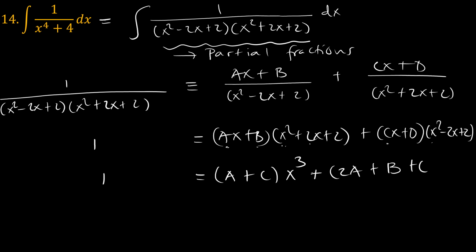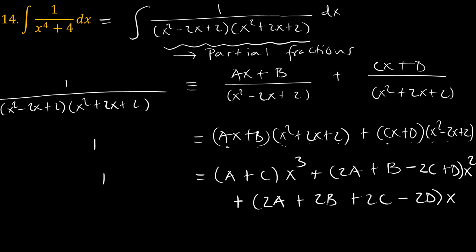This plus times this, we get minus 2c, this times this, plus 2d times x squared, plus 2a, this times this, plus 2b plus 2c minus 2d x, and then we have 2b plus 2d.